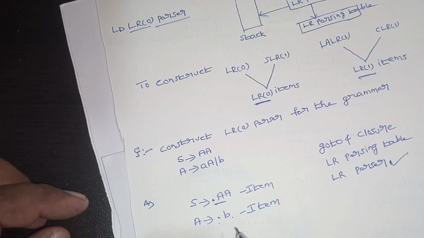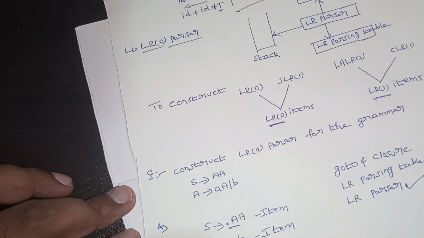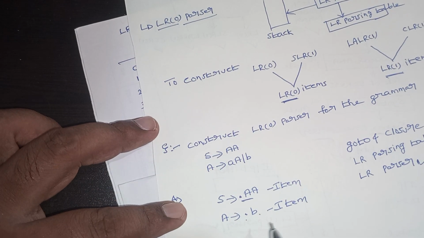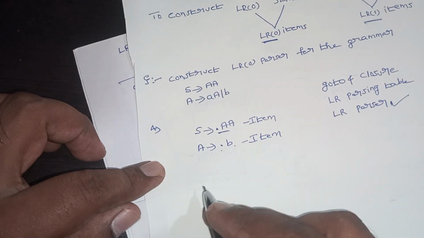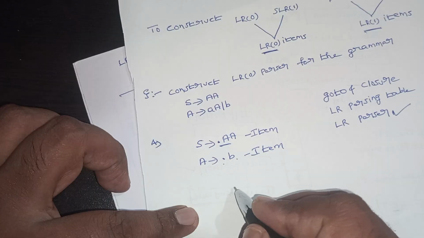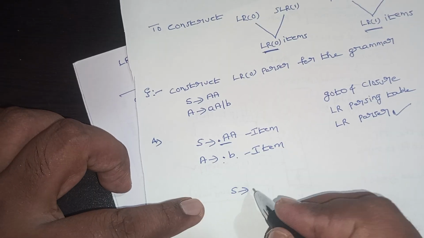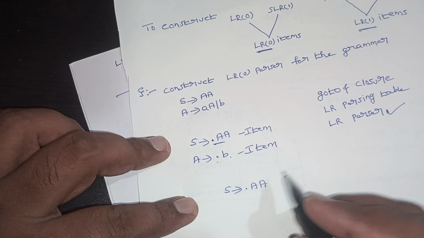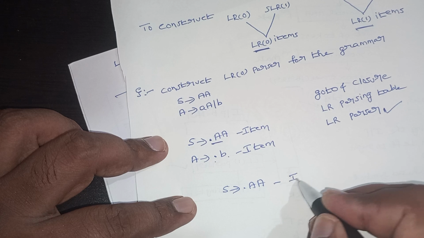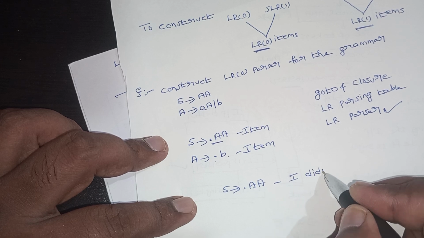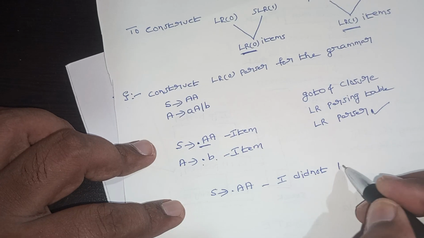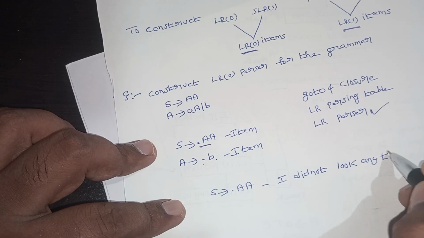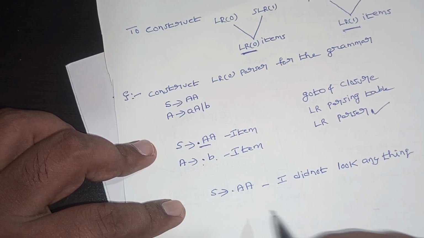Now coming to what is reduce. See, for example, if I write S tends to dot A, it means I did not look at anything.